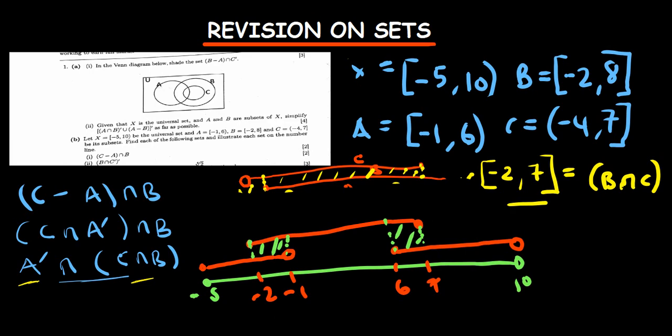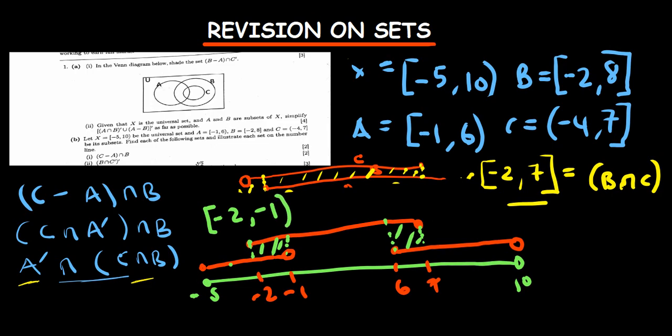Negative 2 is closed, and it's in the complement of A, so it will be closed at negative 2. At negative 1, it's open. It is part of B intersect C, but it is not in A complement, so it won't be part of our intersection. It will be open at negative 1.